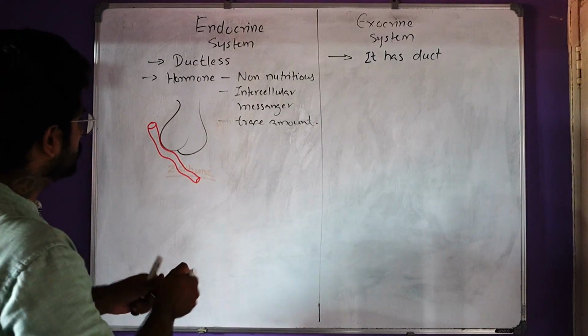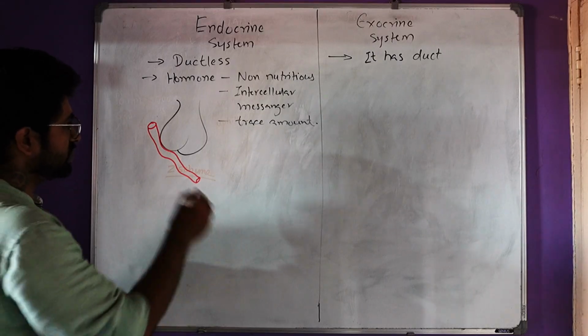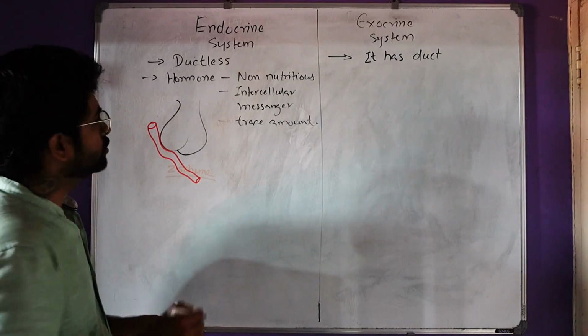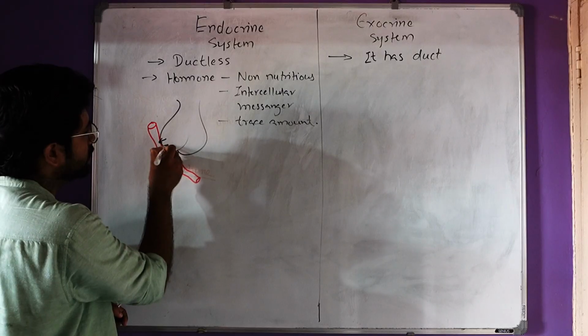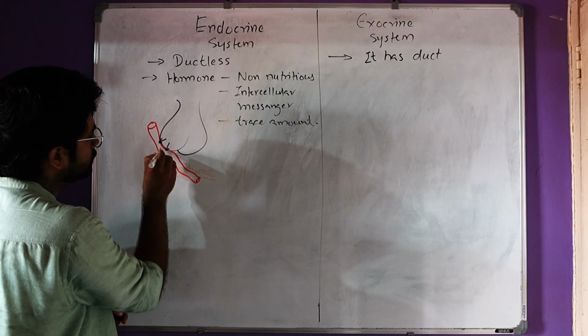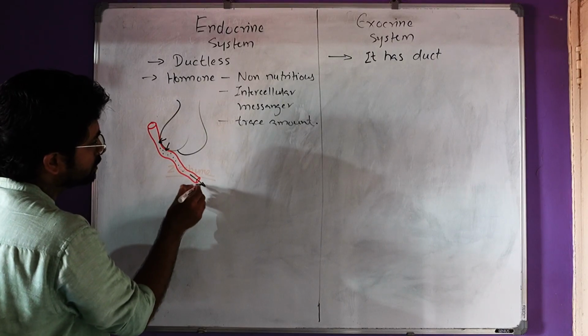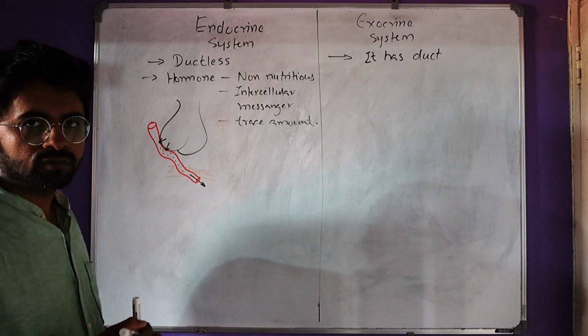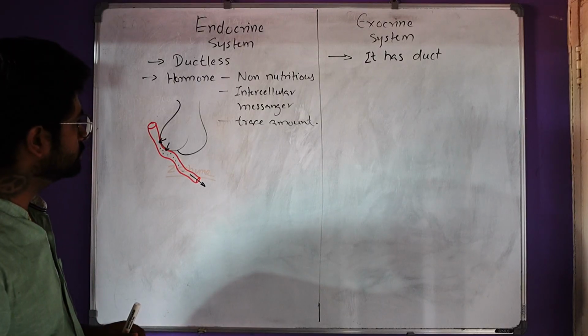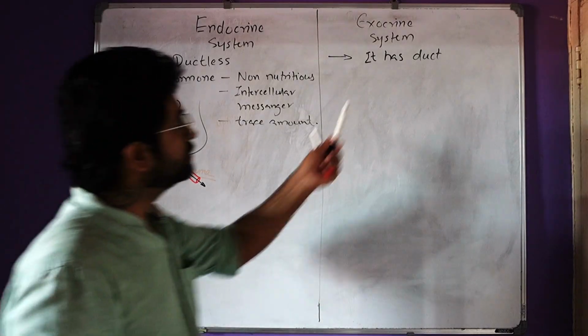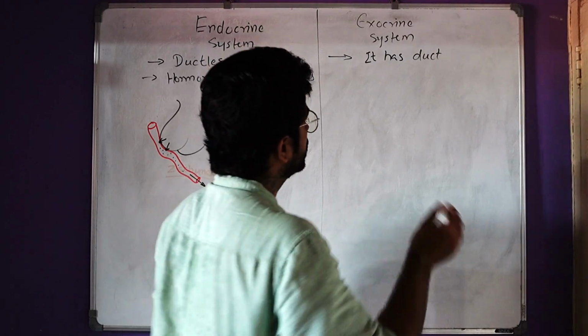The secretion from this anterior pituitary, adenohypophysis, will enter in the blood. The secretion is poured in blood and carried to its respective target organ. Whereas if you see exocrine gland, it has a duct.